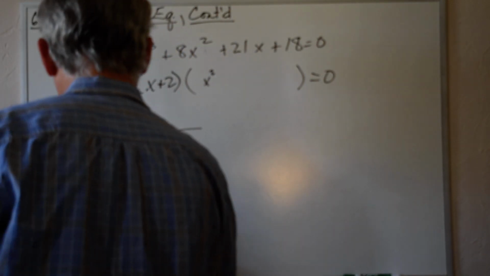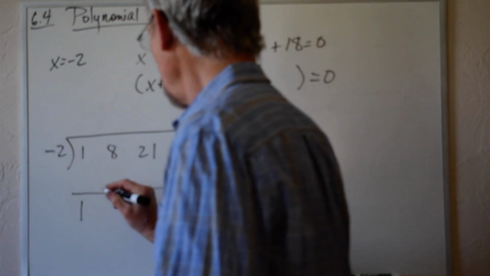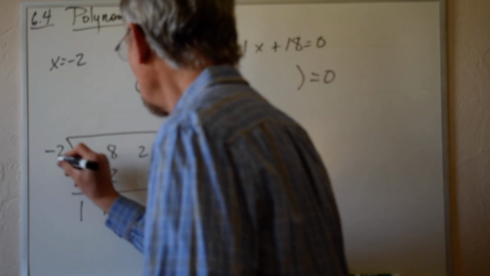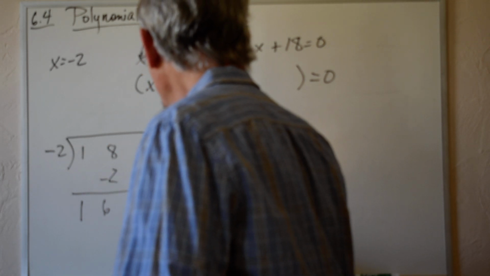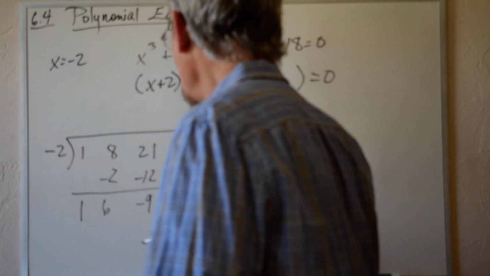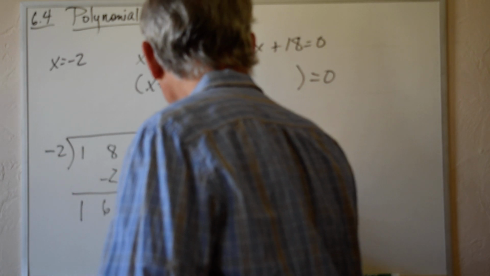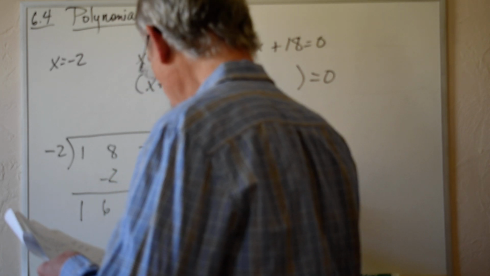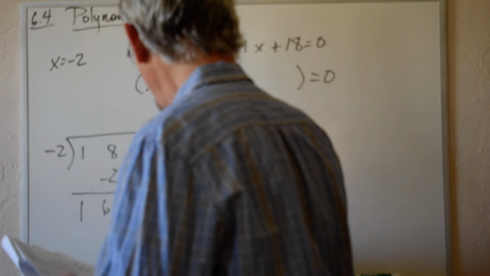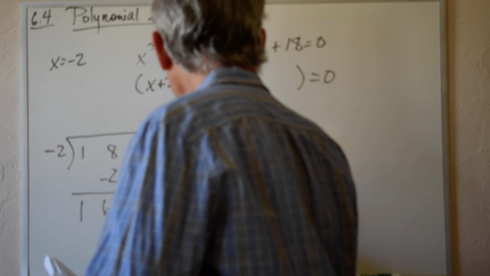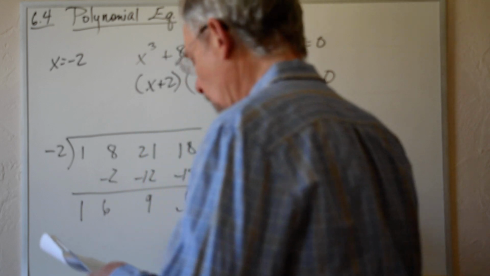So, bring down the 1, 1 times negative 2 gives me negative 2, add them up, 6, 6 times negative 2, negative 12, add them up, negative 9. Negative 9 times negative 2 equals positive 18. I made a mistake. Yeah, add them up. This is a positive 9. 9 times negative 2 gives me negative 18. And I get my 0.